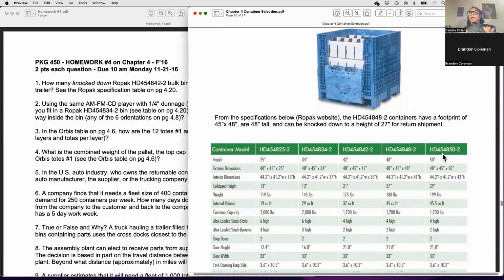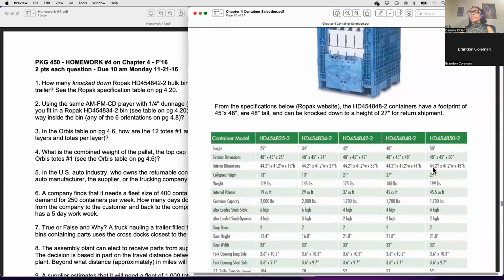Keep in mind when you're calculating how many go into a truck, you're using that exterior dimension. When you're trying to see how many parts fit inside the bin, now you're using the interior dimensions. So you see the difference: 48 versus 44.2, and 41.2 by 43.